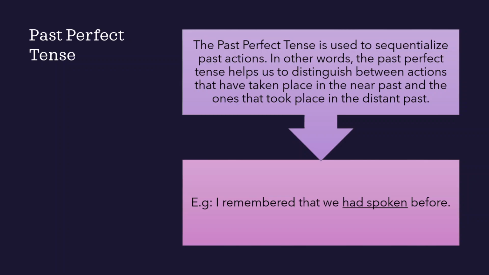The train had left. After that, I reached the station. So both these actions happened in the past. Now we need to sequentialize these two. So the earlier action takes the past perfect tense and the second action takes the simple past tense.